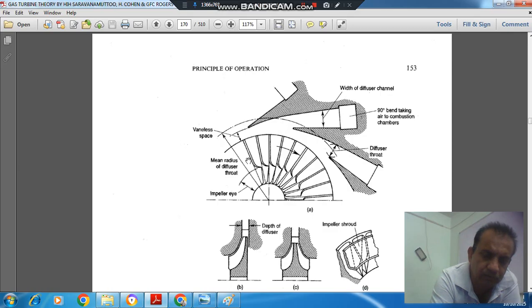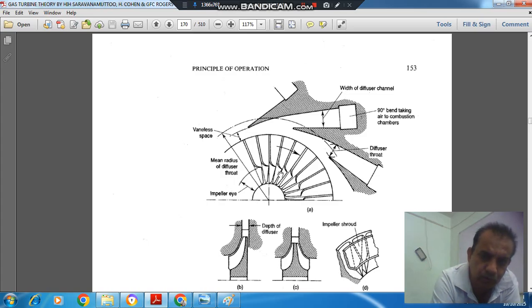Both pressure energy as well as kinetic energy are imparted to the air by the impeller because it is rotating, and the kinetic energy of the impeller is imparted to air in the form of pressure energy as well as kinetic energy of air.